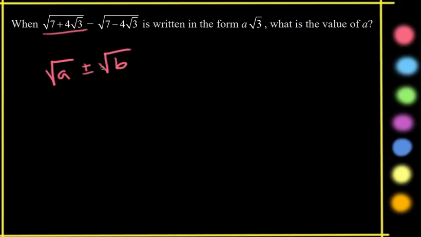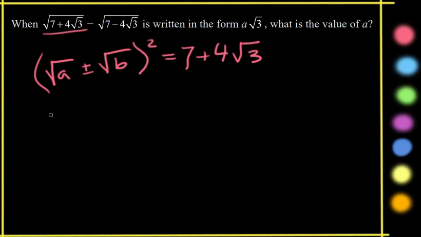So what we say is that the square root of 7 plus 4 root 3 is equal to this, which means that this thing squared is going to equal 7 plus 4 root 3. We don't know what a is and we don't know what b is, but by expanding this out and matching up the terms, maybe we can figure out what a and b are.